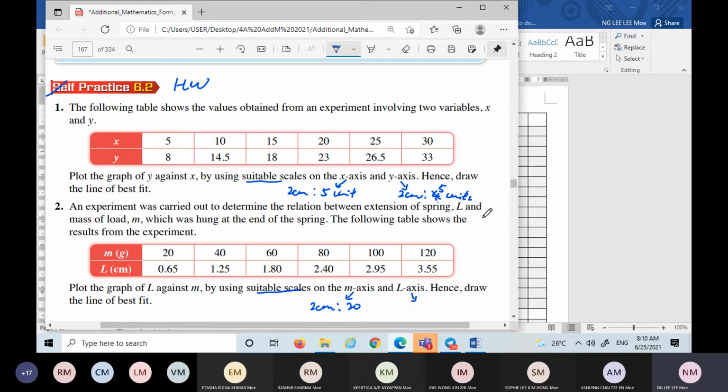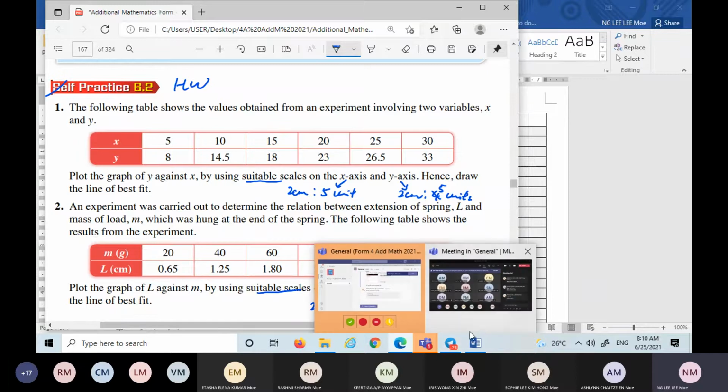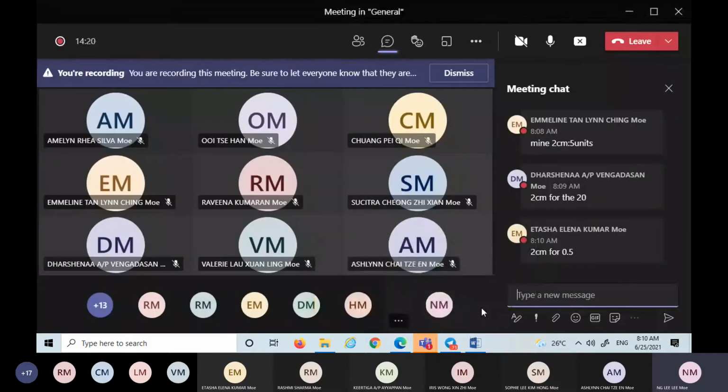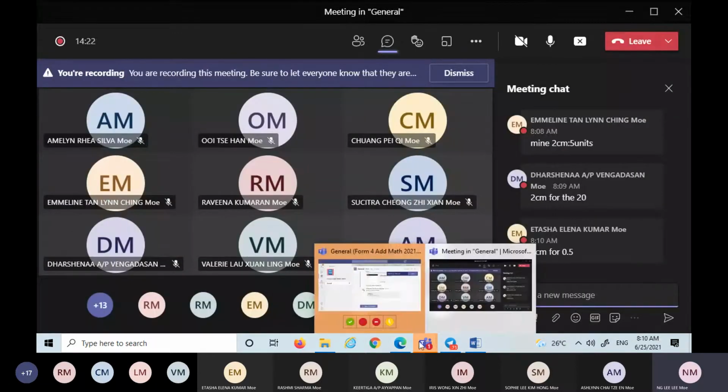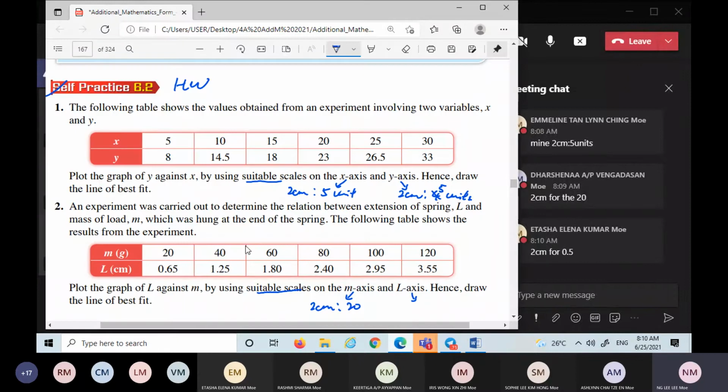So we just wait for Itasha. She says 2 centimeter for 0.5. Let us see. 2 centimeter is for 0.5. I think also can, because this is 3.55. You can go until 4.